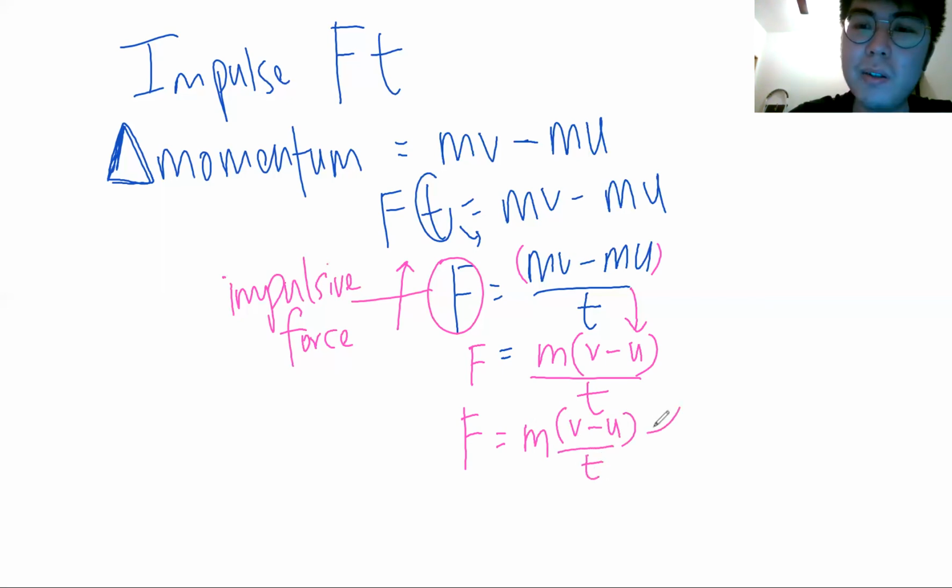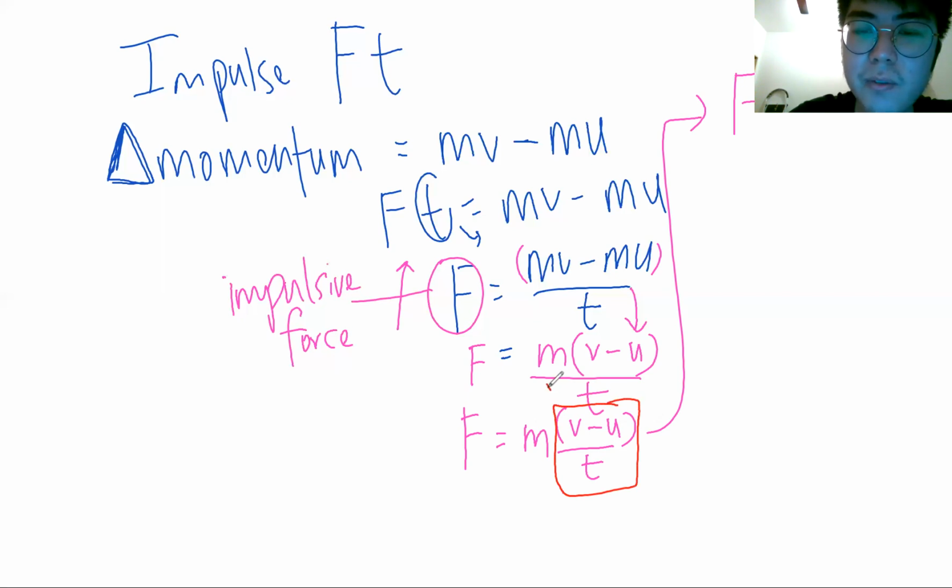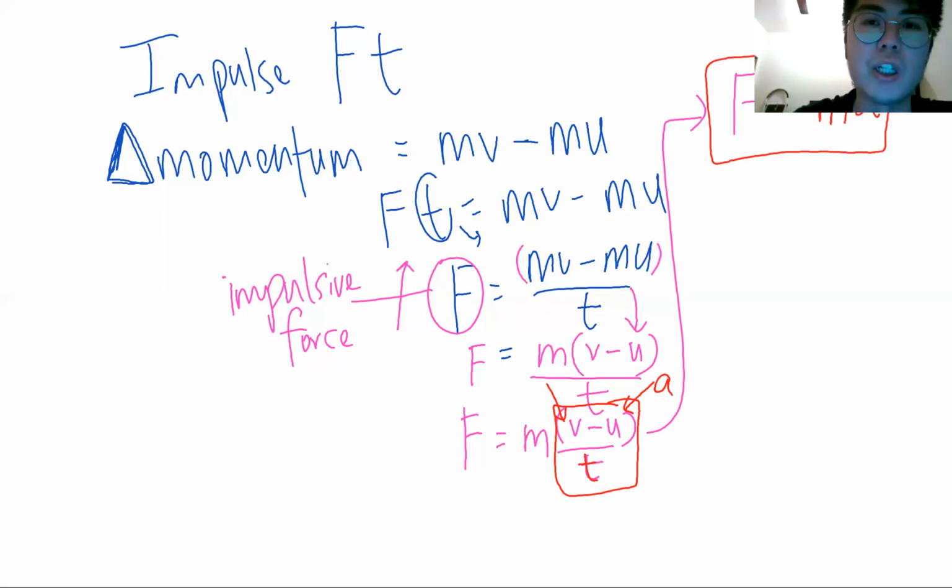So what is v minus u divided by t? Final velocity minus initial velocity over time. This is the acceleration. Acceleration is final velocity minus initial velocity over time. So that's how you get the F equals ma equation. This is Newton's second law.